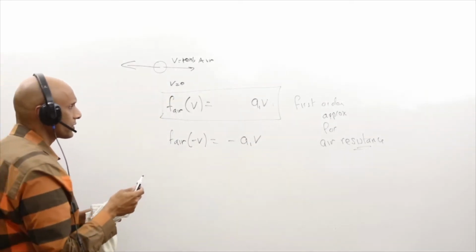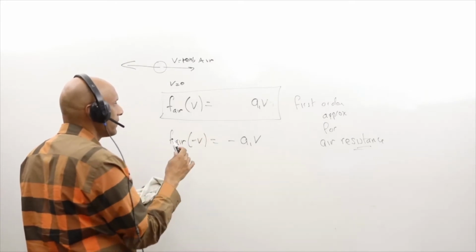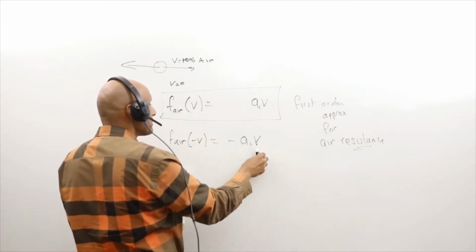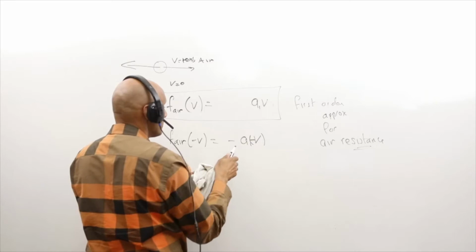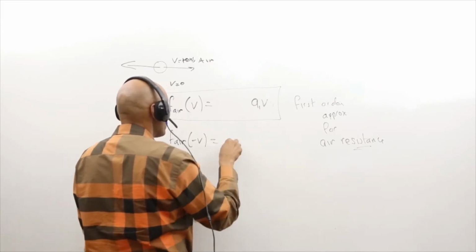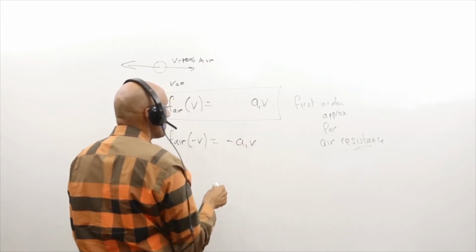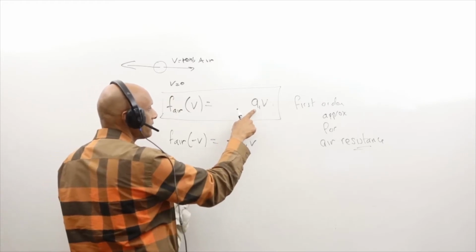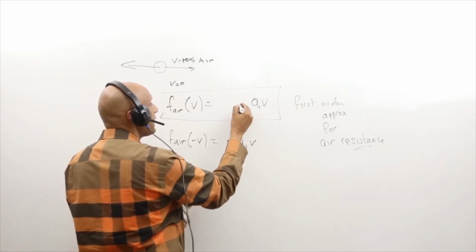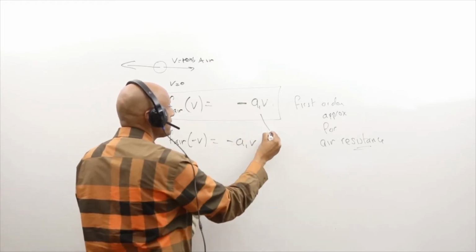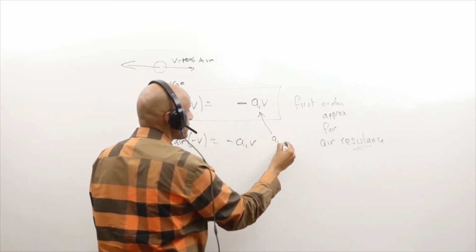So the negative force is acting in the opposite direction. So this is minus A1 v. I want to make sure that A1 is positive, and to do this I always put a minus in front of this symbol. So in this case, I could treat A1 as positive.